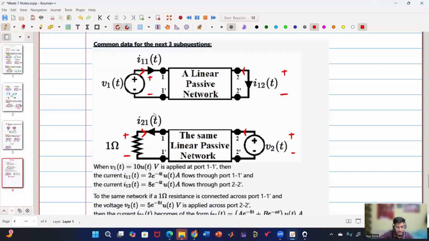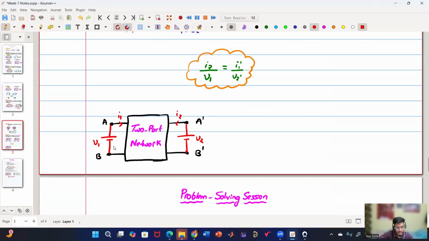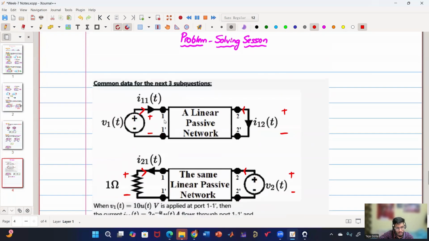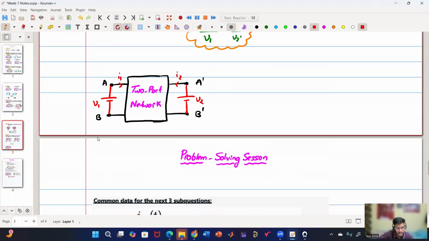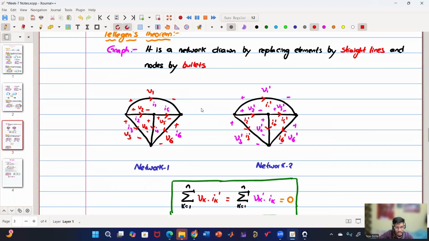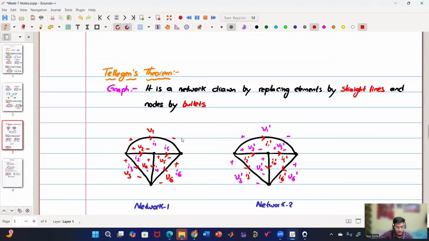Sir, you took Reciprocity theorem, equivalent circuit, Nelson. Yes, this circuit. But I'm saying that the polarity should be the same for both, right? So I have considered this polarity itself, and then I'm considering for both. Because in the case of Tellegen's theorem, the first circuit polarity and the second circuit polarity both should be same, right?